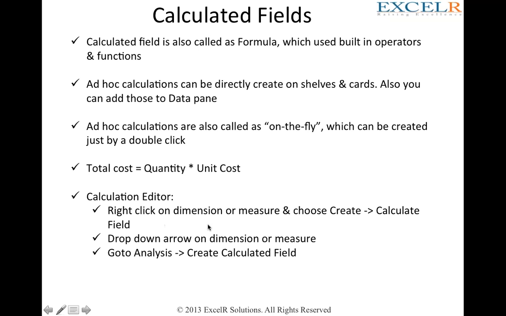So here there are three ways, right? One is right click on the dimension or measure and choose create calculated field, or do a drop down on the dimension or measure, or go to analysis and create calculated field. So how do we do that? Let me show you.